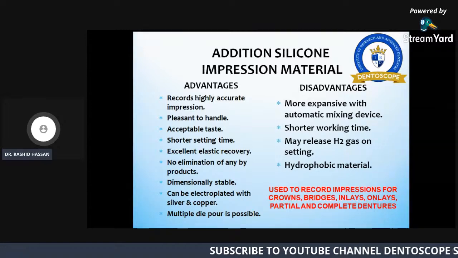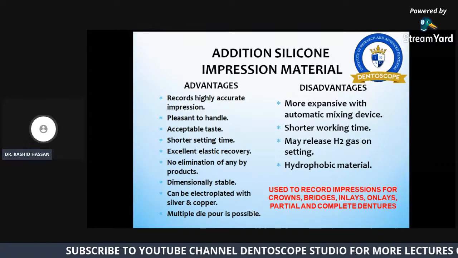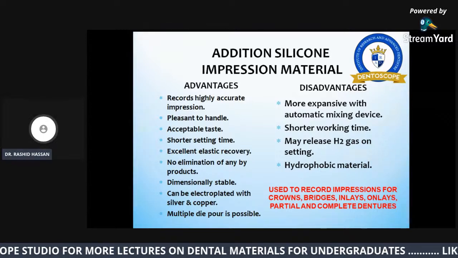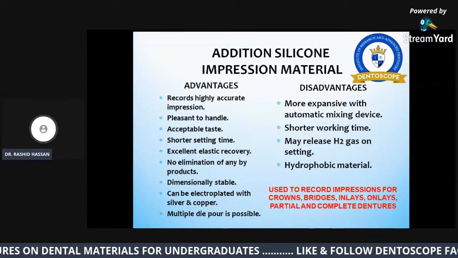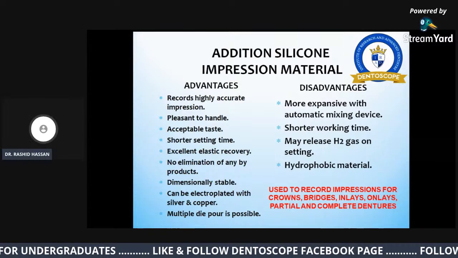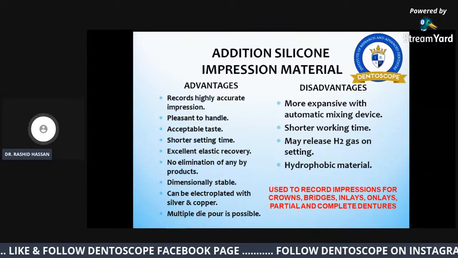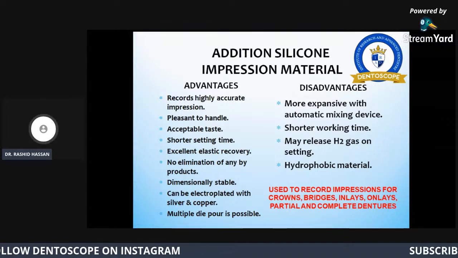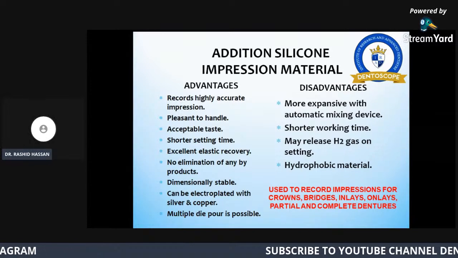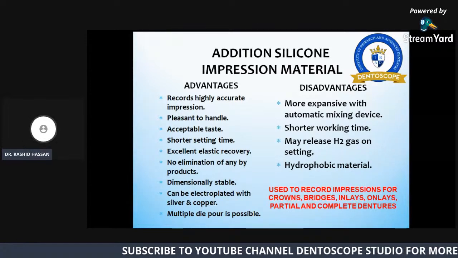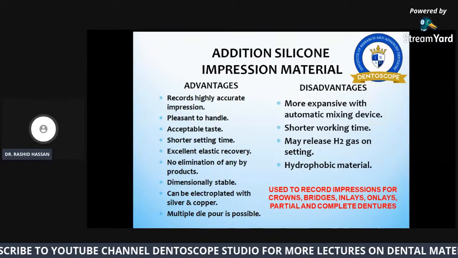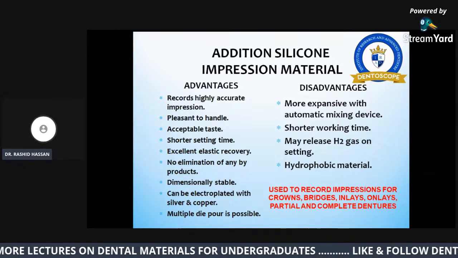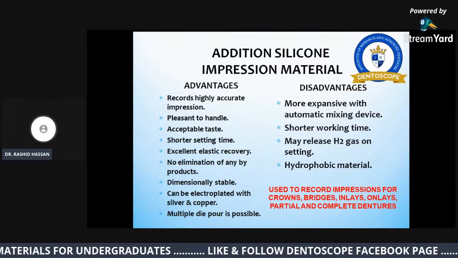Okay, it has shorter working time, so your assistant needs to be very, very efficient. He should be a master in mixing this addition silicon, because of its short working time. And secondly, you don't want to waste this material. It is expensive, right? I told you that each impression that you record costs about 600 to 700 rupees, a single impression. And if your assistant is not technical enough, he's going to waste it.